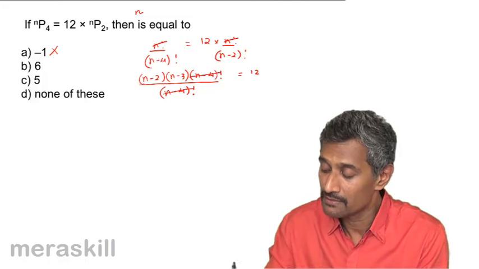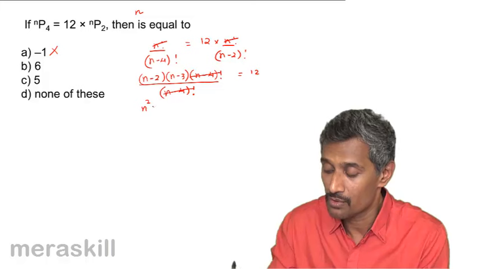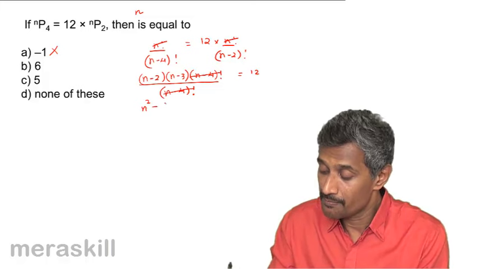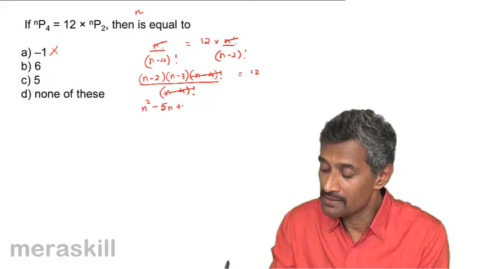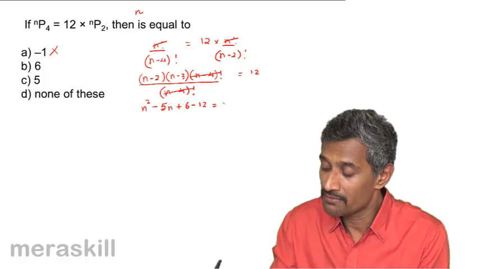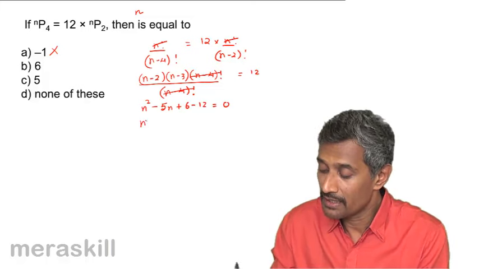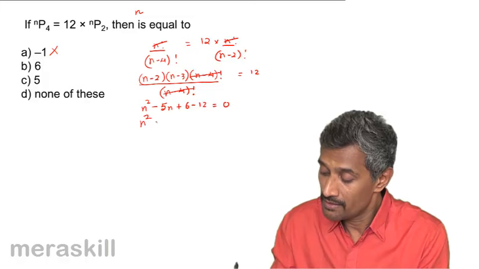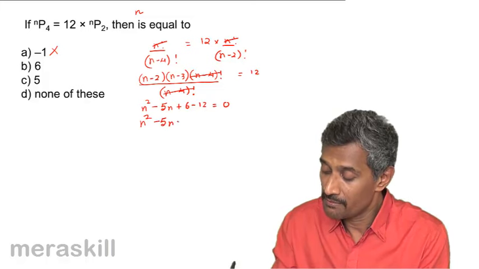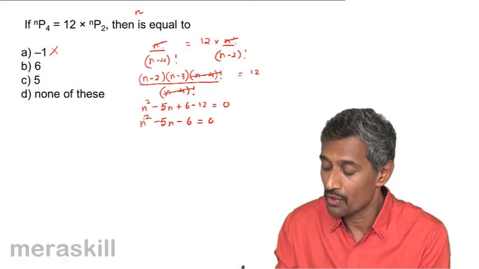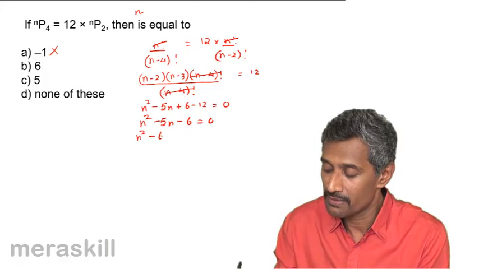This gets cancelled. So if you open the bracket, you get N square minus 5N plus 6 minus 12 is 0. So we get N square minus 5N minus 6 is 0. If you solve it, this can be split up as N square minus 6N plus N minus 6 is 0.